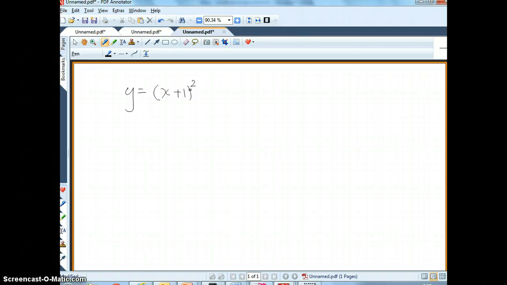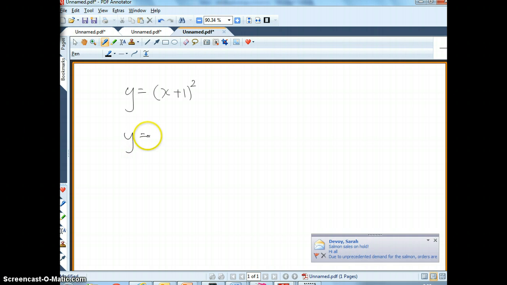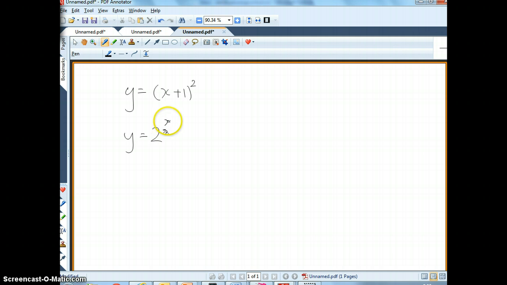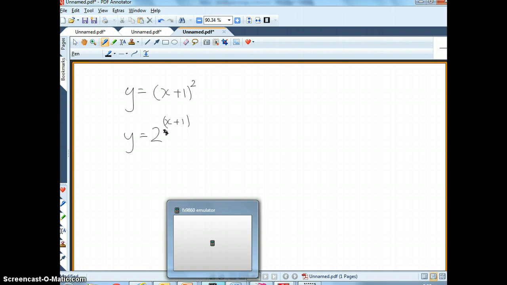Left. Left? Okay, it's the same with the exponential. Ignore that little mark. That will shift to the left or right? Apparently the left. Let's just try it with a graphing package.